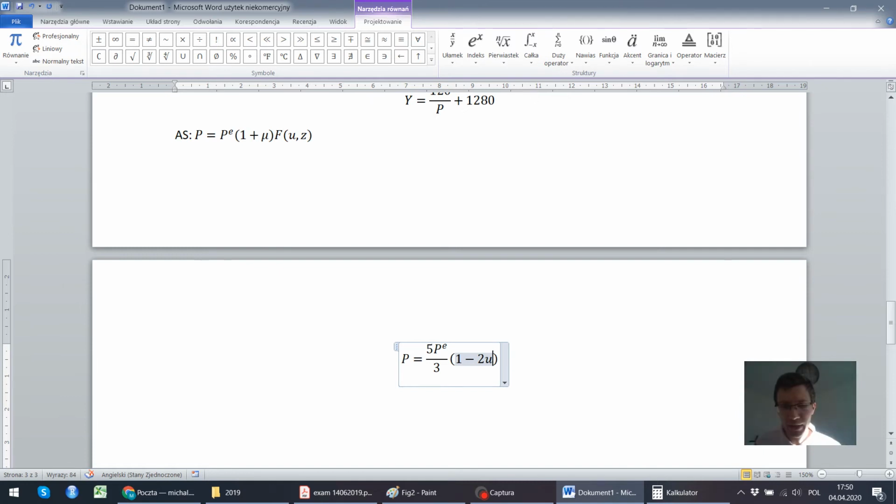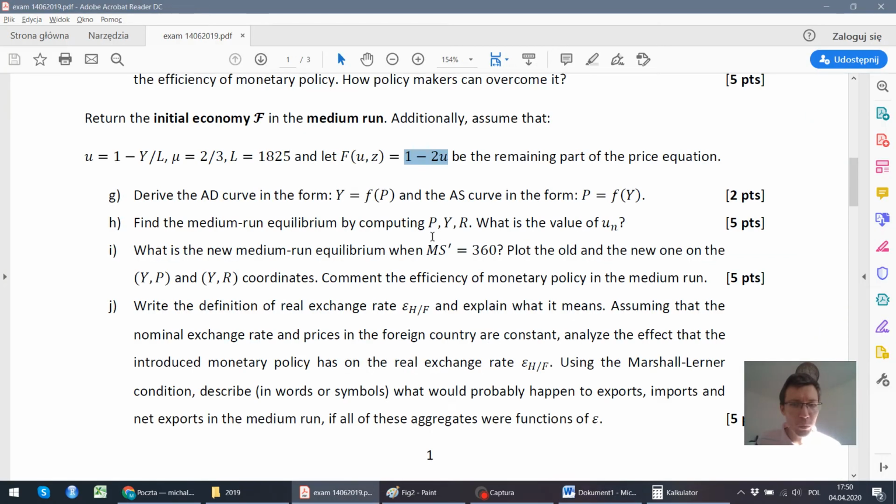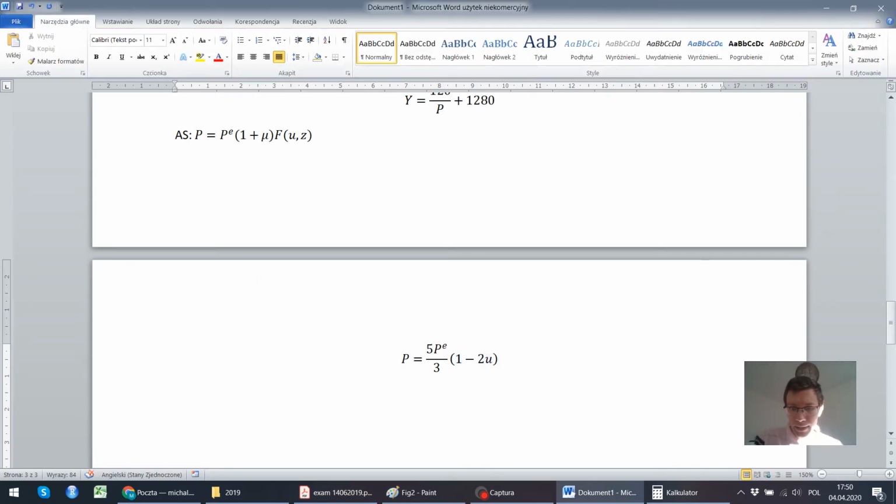Fair enough. Is it the end? No. We want to have the AS curve in the form of price equal to a function of output. So we still have to substitute for this unemployment rate, using the first equation.